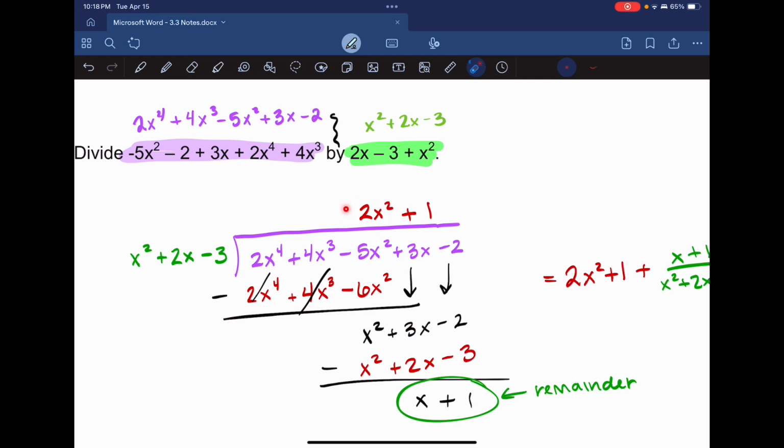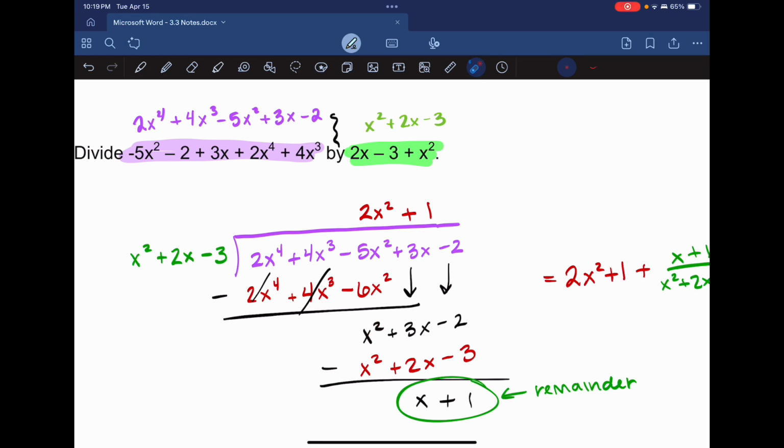So I have a 2x squared, because that's what I would multiply by x squared to get 2x to the fourth. Then I would need to give that 2x squared to all three things. So I end up with a trinomial over here. Okay, we subtract, so these go away. Those conveniently go away. Then I have negative 5 minus a negative 6, which gives me a positive 1.